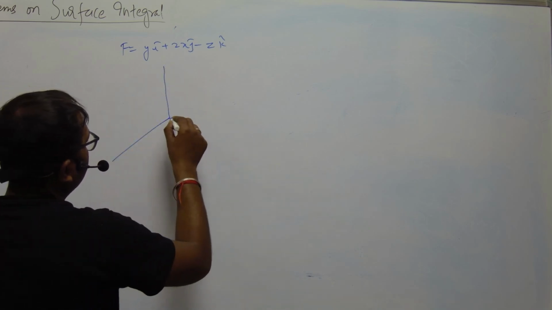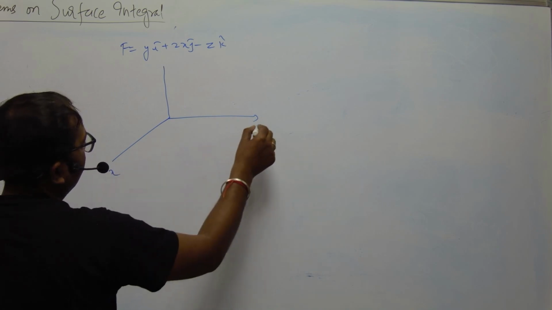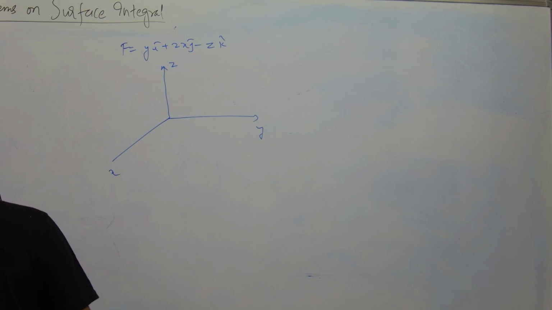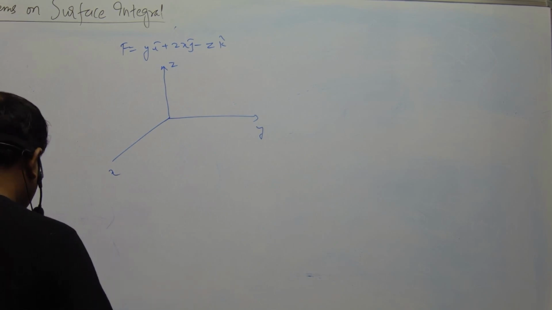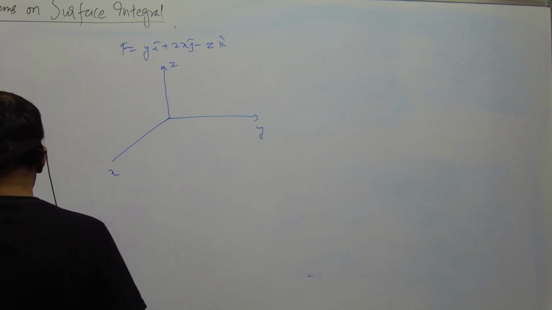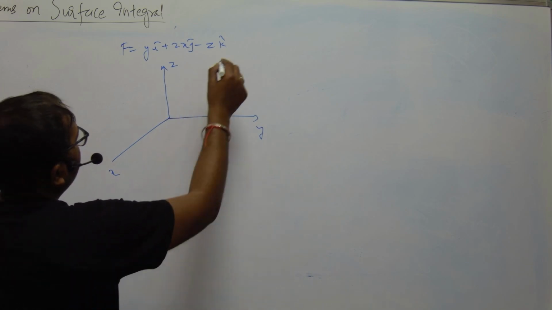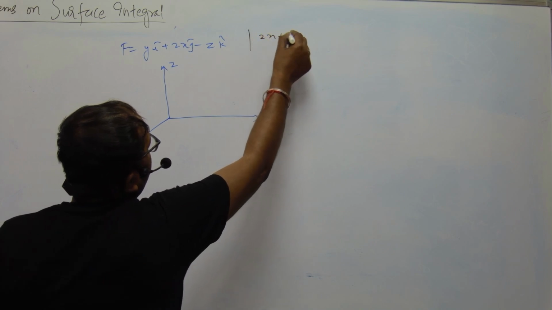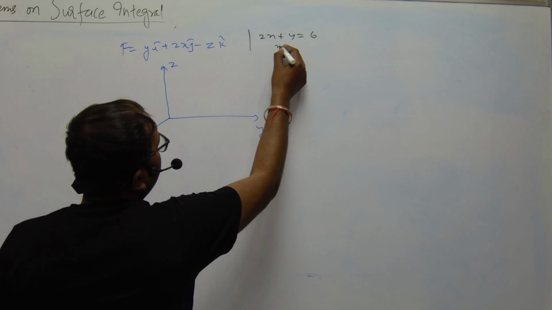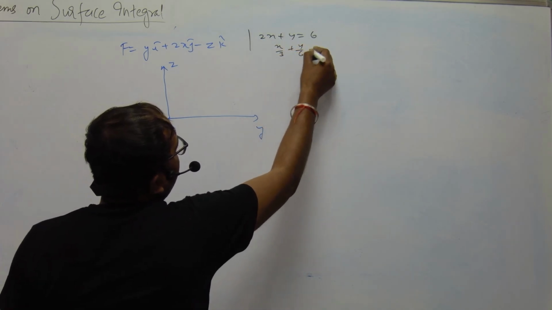This is our coordinate axes: x, y and z. Let us draw the plane 2x plus y equal to 6. You can write this as x upon 3 plus y upon 6 equal to 1.